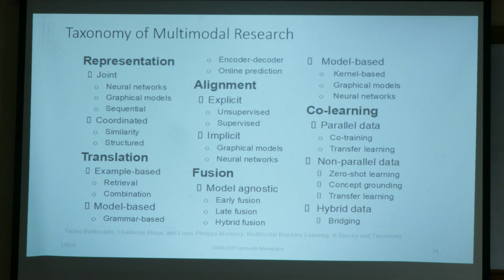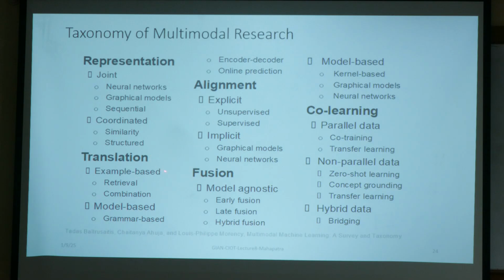Now, keeping everything together, that's called the taxonomy of multimedia research. You have a representation such as graphical model, neural network, sequential, similarity, structure. These are your representations. Remember this, because we will be using it later in the slides.